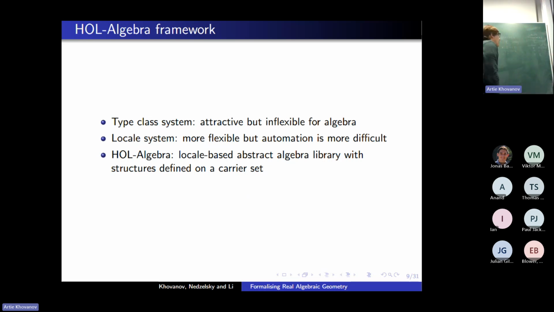Let's say we have the axiom that G times E is G. In the type class system, for all G of type tau, G times E is G. But here you have, for all G of type tau, G is in the carrier implies G times E is G. So you can see the difference between these two axioms is this extra condition.